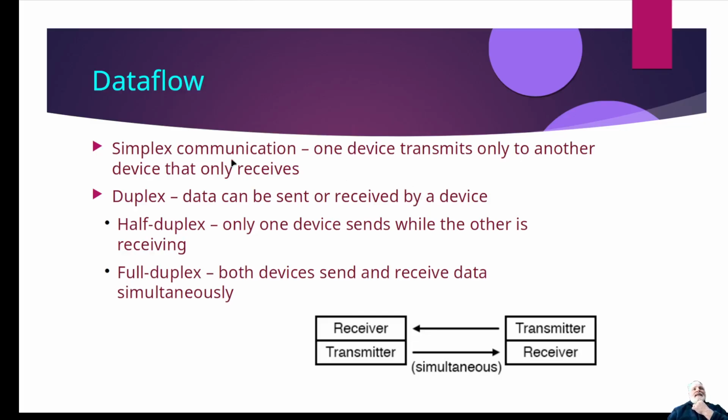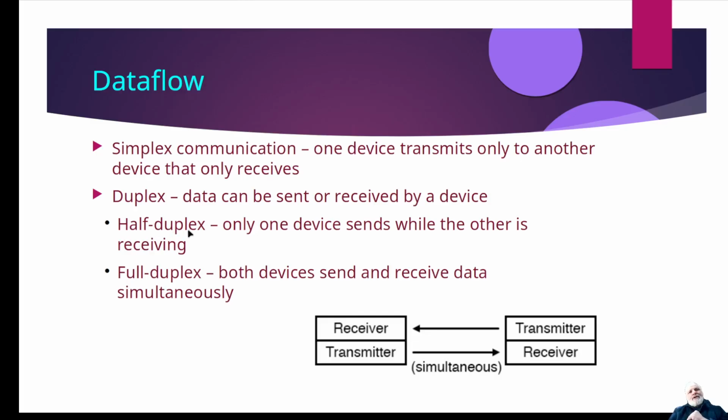Now, when we're sending data, we can send data using what's called simplex communication, which means that we're just sending it out and we're not going to get anything back. So it's one-way communication. That's called simplex. Or we can do duplex. In duplex, we can send data and receive data, but we have what's called half duplex.